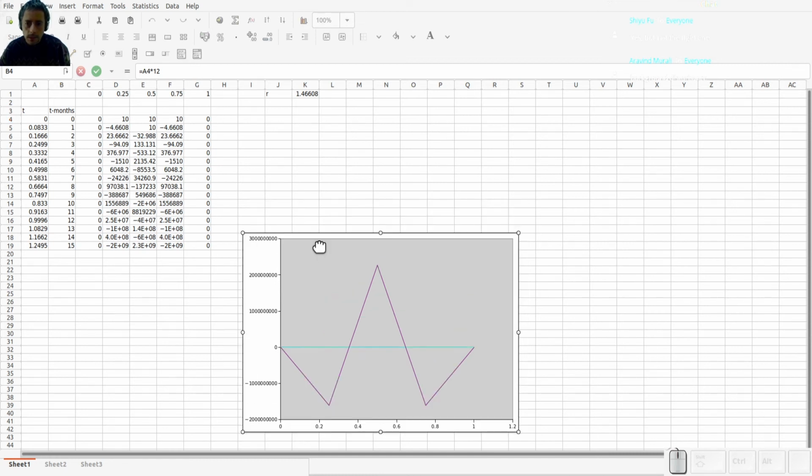Now the R is still too, oops, what? The R should have been okay. Did I not do it correctly? Let me have a look quickly at this.